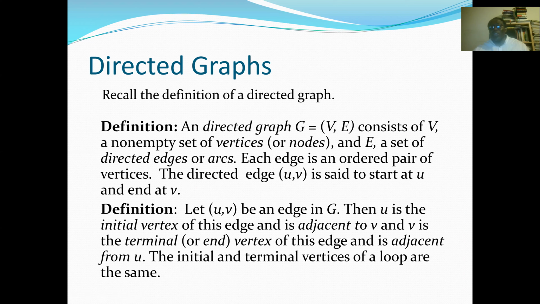But in a directed graph we show the direction the edge is moving, whether from U to V or V to U. If (U, V) is an edge in G, then U is the initial vertex of the edge and is adjacent to V, because the vertices are connected by one edge. So U is adjacent to V, or V is adjacent to U.